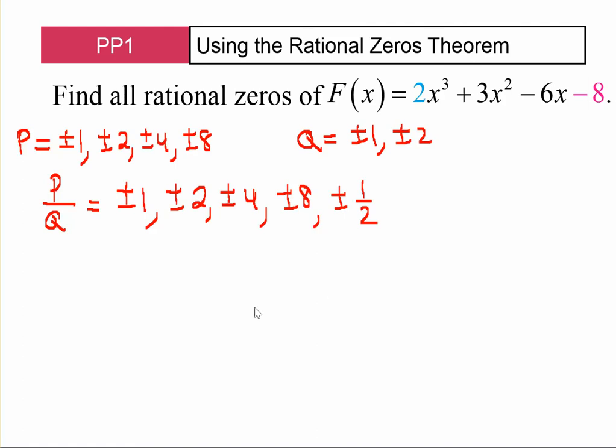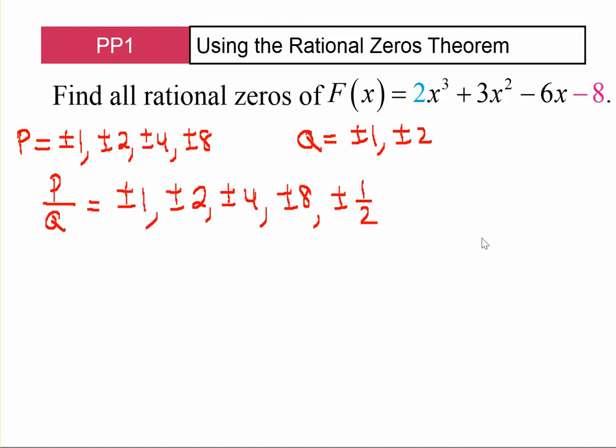Let's just pick one of these here, plug it in for f of whatever it is, and we're going to work it until we get 0 as an end result. Which kind of makes sense, right? If I plug in 1/2 and I do all that work and I get a 0, doesn't that mean it's actually on the x-axis? If my y value, my f of 1/2 value, turns out to be 0.